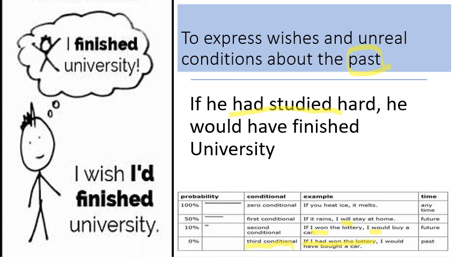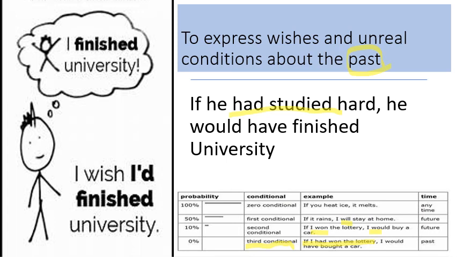The second case is with the conditions. Okay, before talking about our example, let's just make a quick review about the 4 conditions of if clause. You remember that this is the probability of the happening of the event, and this is the conditional sentence, and this is the example. Okay, you remember that. I'm saying it fast because you studied this already, just making a quick review.